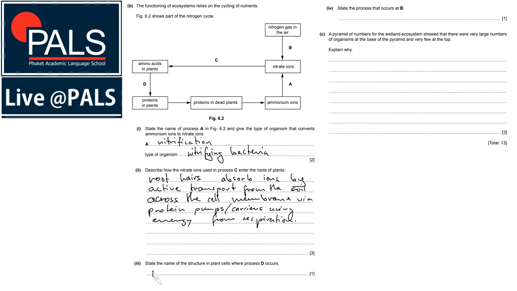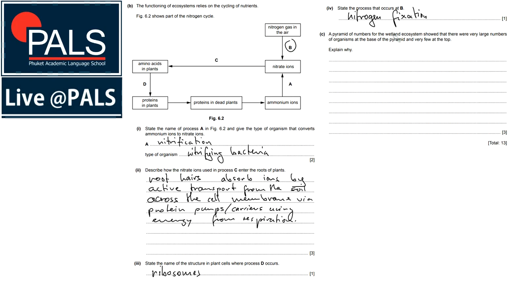These cell structures are the ribosomes, something we need to know. State the process that occurs at B. Nitrogen gas in the air changed to nitrate ions. This is what we call nitrogen fixation.